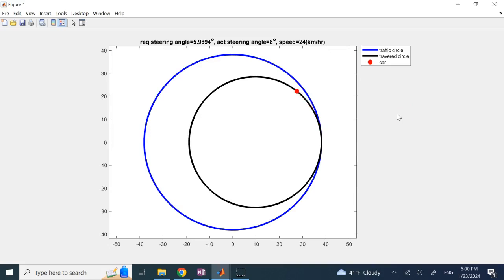So what happens? You're going to drive into the traffic circle. You probably have seen people that do that, huh? They don't go the full circle. They kind of pass over it instead of around it, right? Because they steer too much, or they were going too fast and could not control it. So you see clearly that you're not doing it.